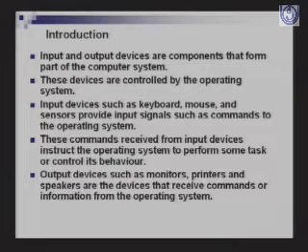These signals we can consider as some sort of commands given to the operating system, and depending upon the command the operating system should function, or else give the output. Commands received from the input devices instruct the operating system to perform certain tasks, or else even control its behavior.